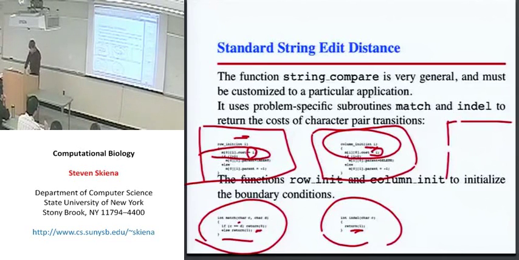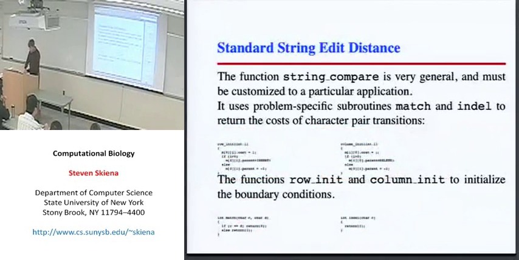My main difference was in the parent operation. Okay? I told myself that if you were inserting things on a row init, the operation that you were doing was basically called an insert. On a column init, it was called a delete. That's because what is considered to be an insertion in one string is a deletion from the other string. Right? So what parent kept track of is what is the operation that you were last doing.